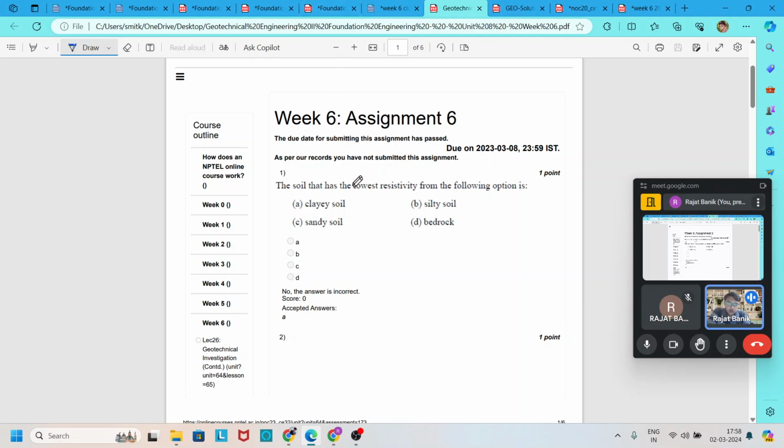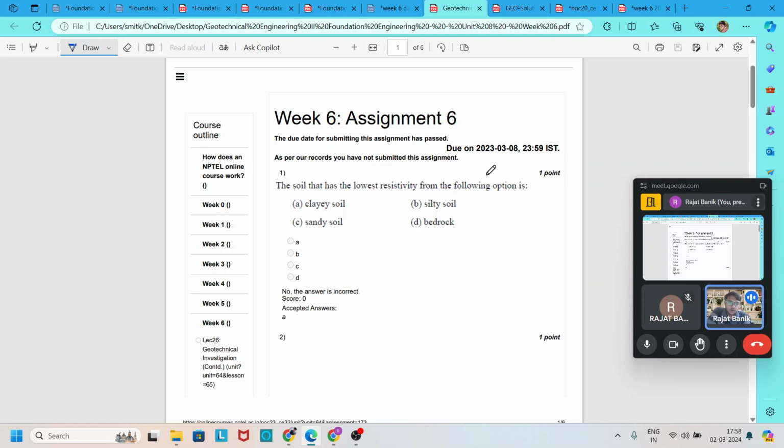Which soil has the lowest resistivity from the following options? We know that clay soil has the capacity to capture the water content and also has the highest ion concentration.